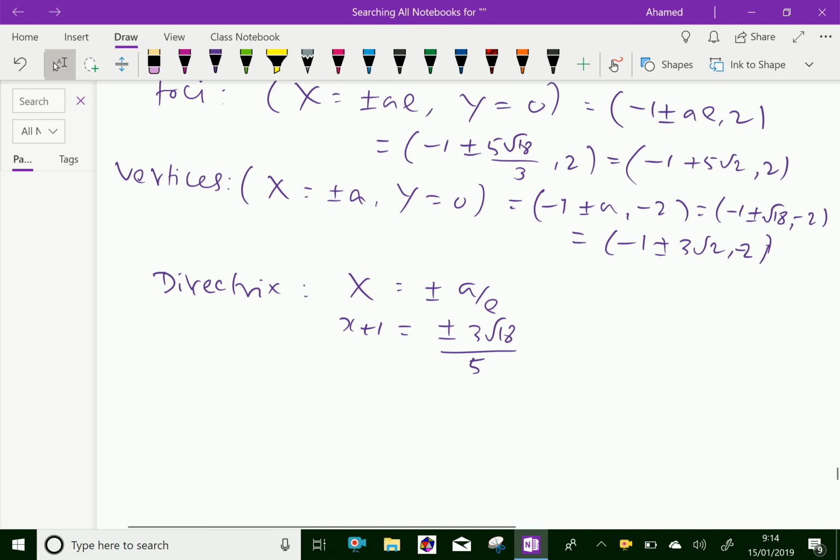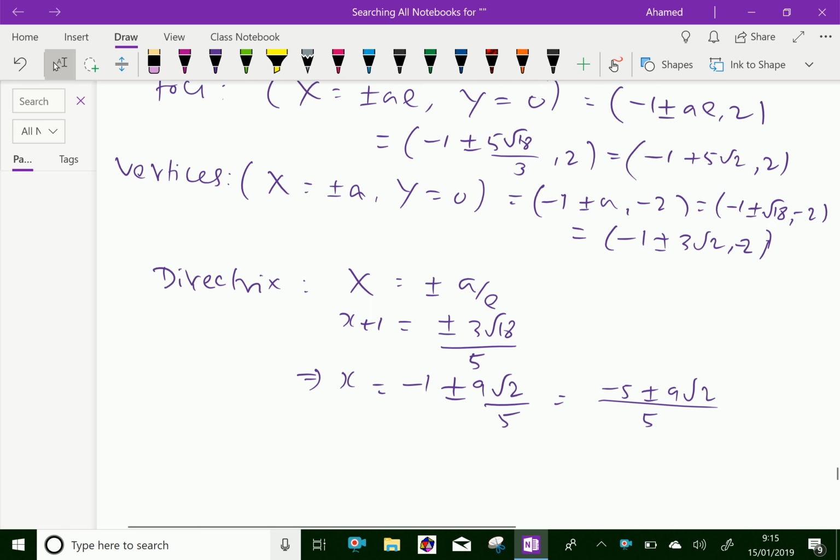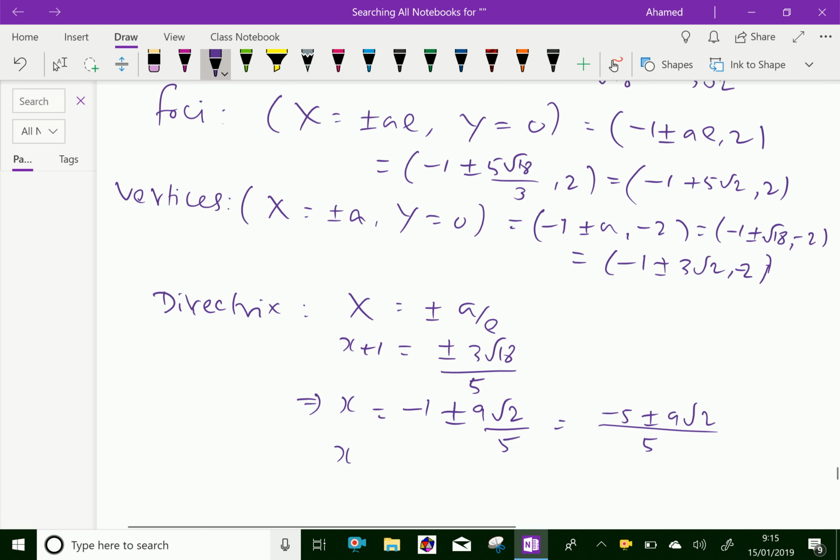That final simplification, you get x equal minus 1 plus or minus 9 root 2 over 5, because root 18 is 3 root 2, then 3 into 3 is 9 root 2, over 5. I take LCM, that is minus 5 plus or minus 9 root 2. Therefore, the equation of directrix we can write as x equal minus 5 plus or minus 9 root 2 over 5.